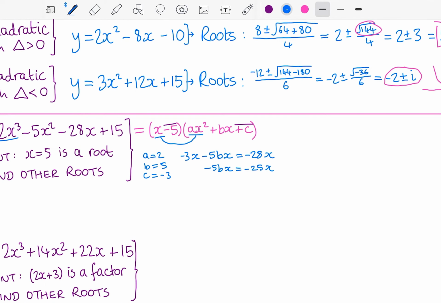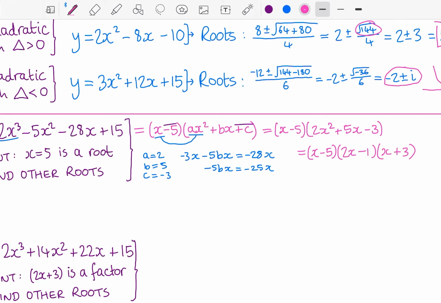We have our quadratic: 2x squared plus 5x minus 3. And you can factor that one more time using whatever factoring method you like. But I can tell you that's just going to be plus 3 and minus 1 there.